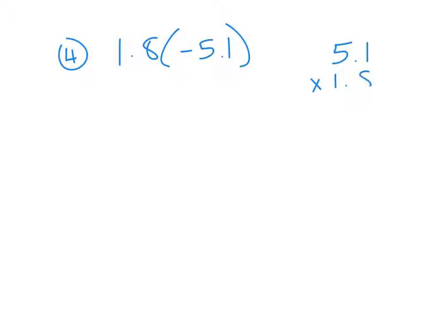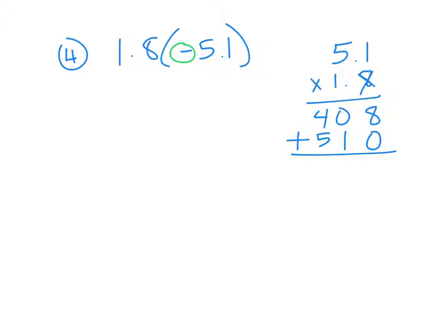We have 1.8 times negative 5.1. So I would write this out. 5.1 times 1.8. What's a negative times a positive? That's a negative. So then you know your answer at the very end is going to be negative, right? Okay, so let's just do the multiplication. 8 times 1 is? 8 times 5 is? 40. Done with the 8, put a 0. 1 times 1? 1, 5 times 1? 5.